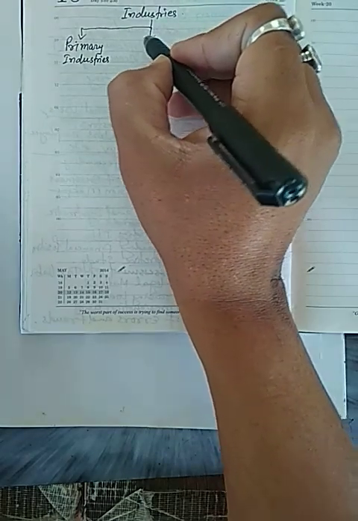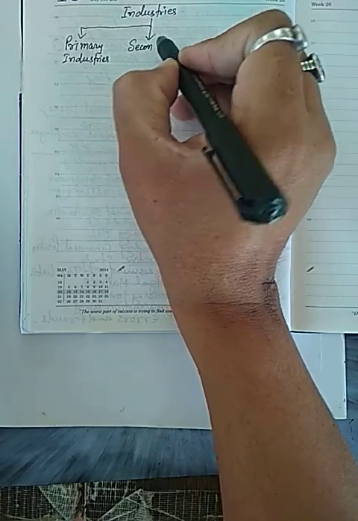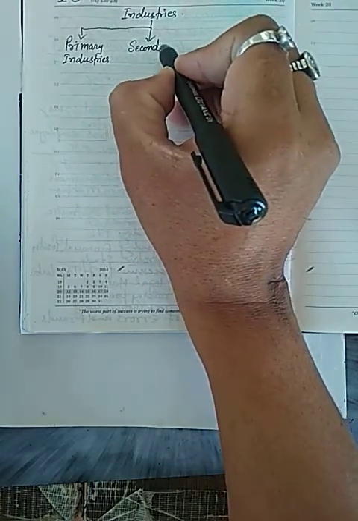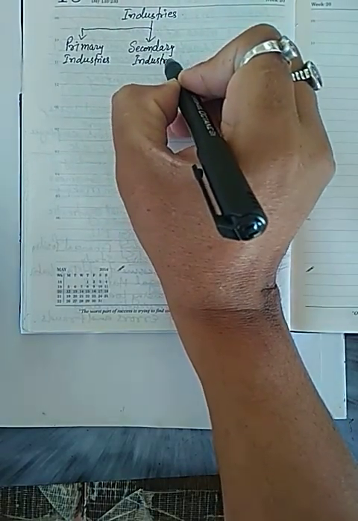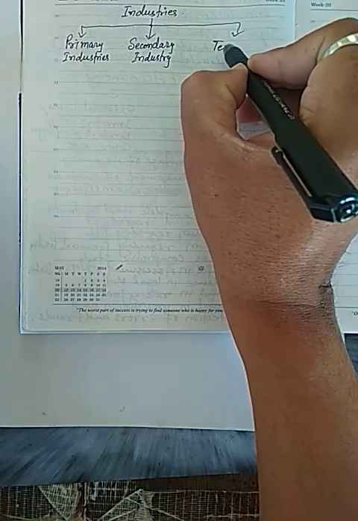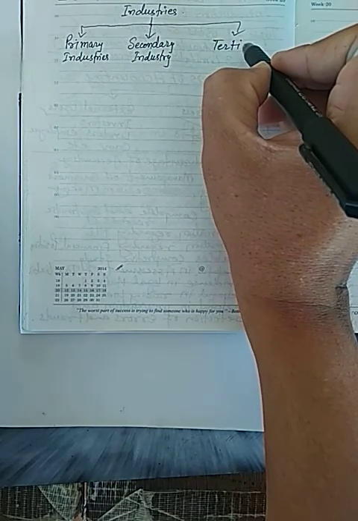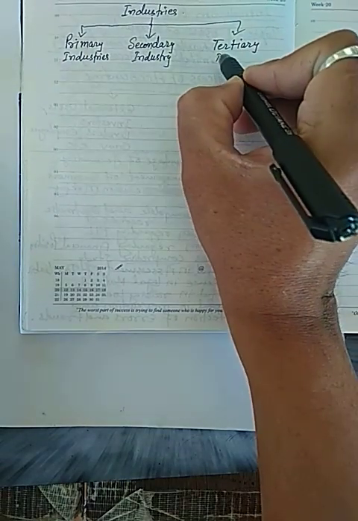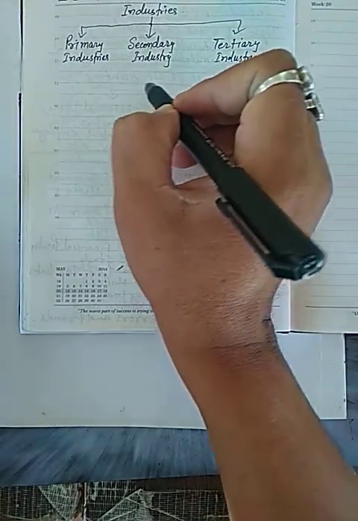Second is secondary industry. And third is tertiary industry. There are three types of industry.